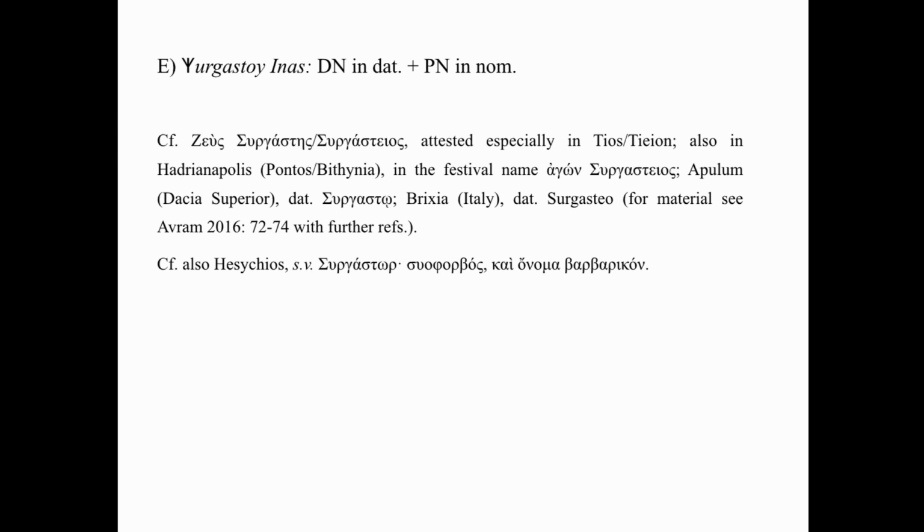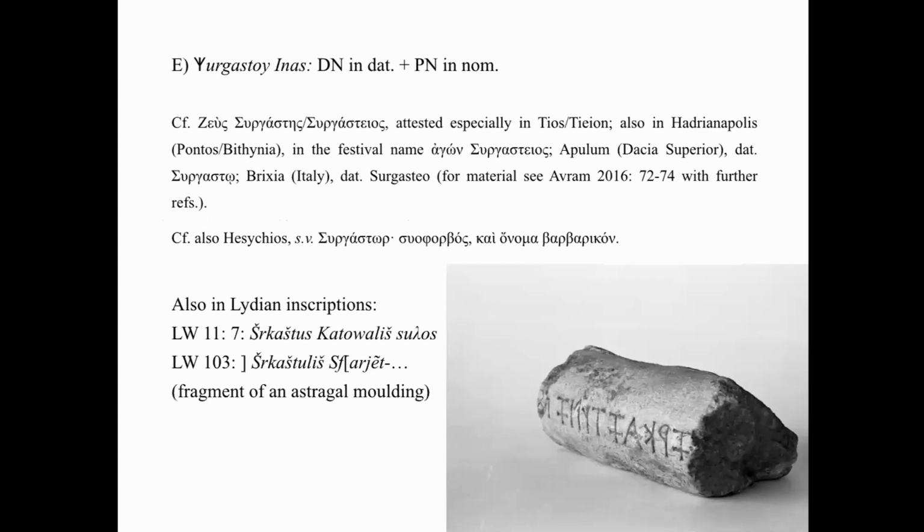Here you can see the different attestations of this epithet, quite widely distributed in the Mediterranean, but with a certain preference for Bithynia. Moreover, the word is also attested in Lydian.